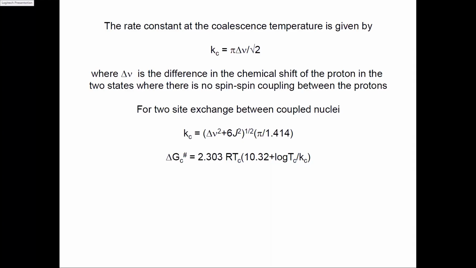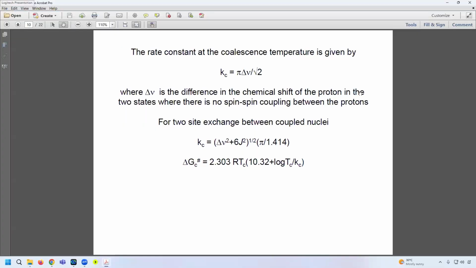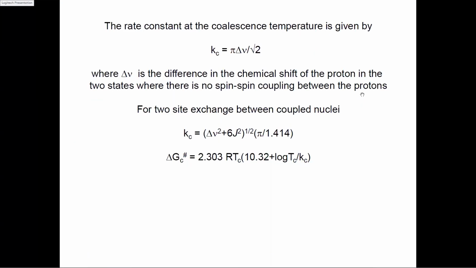Kc corresponds to the rate at the coalescence temperature. Delta nu is the difference between the chemical shift value of the axial and the equatorial hydrogen in the case of cyclohexane.